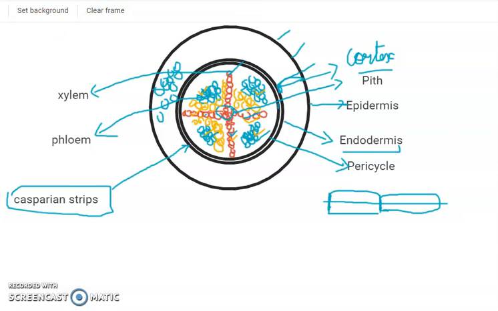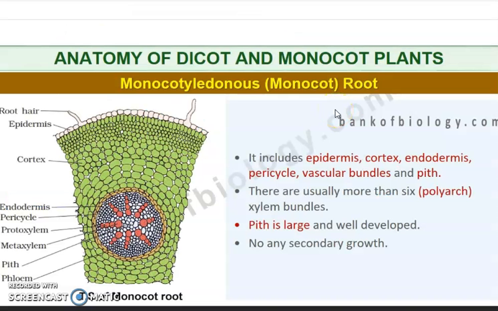It is very easy. If you are clear with the dicot root, you can easily study this monocot root. So it includes epidermis, cortex, endodermis, pericycle, vascular bundle and the pith. All the things which we saw in the dicot root are seen in the monocot root also.